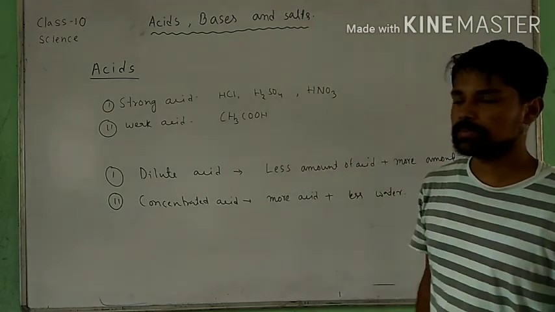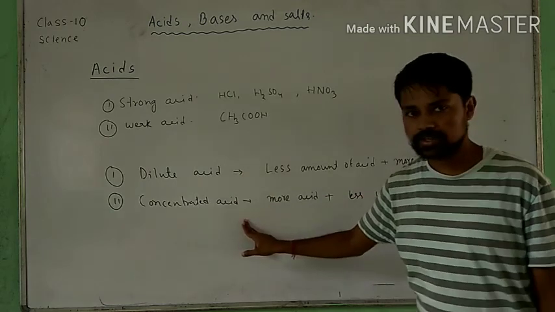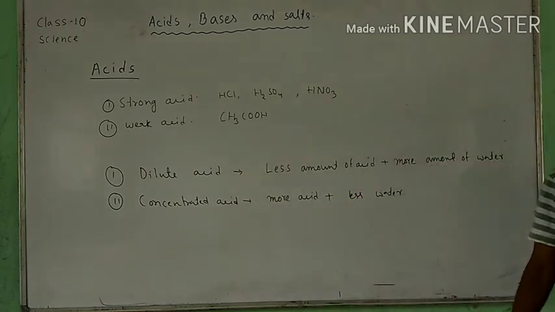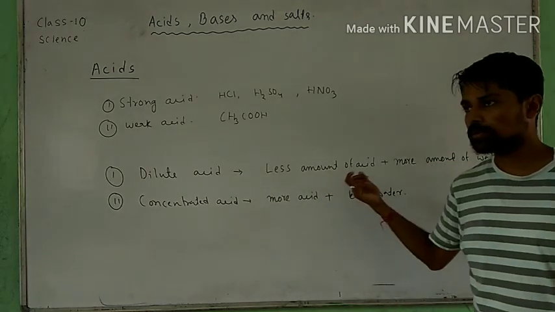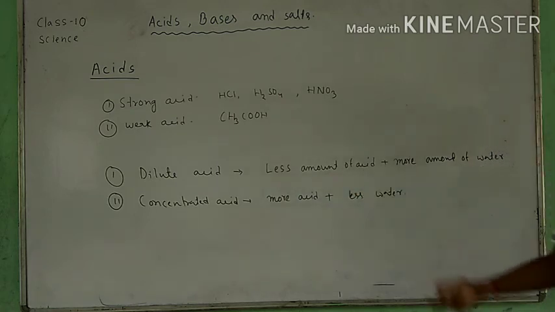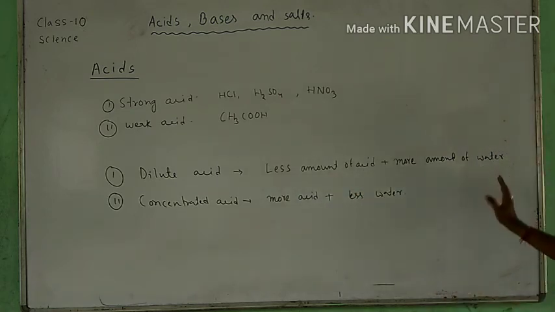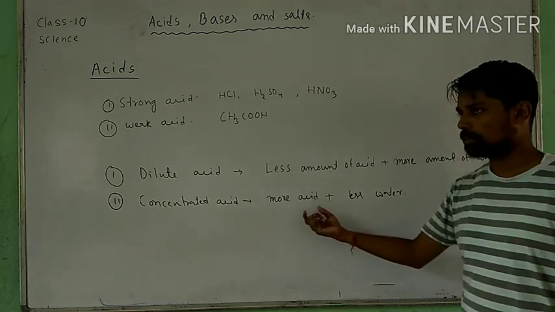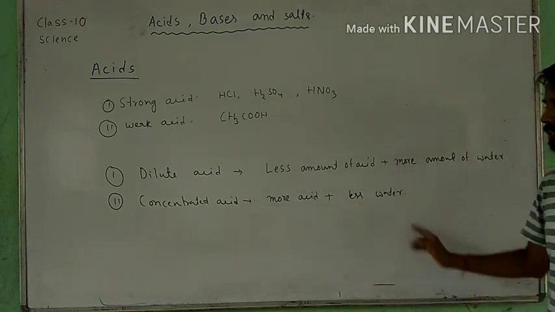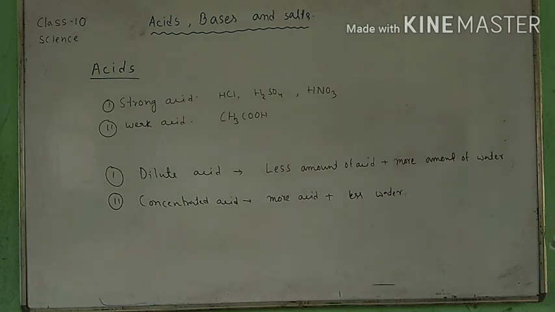Again, acid can be classified as dilute and concentrated. If the amount of acid is low in a solution, then it is known as dilute acid. If the amount of acid is more and water is less, then it is known as concentrated acid. Okay, so in the next video we will see properties of base and types of base.